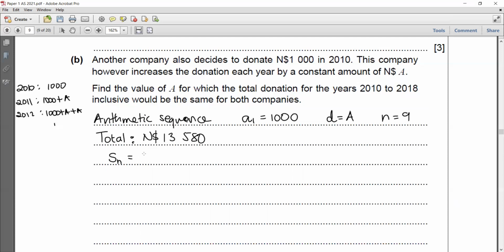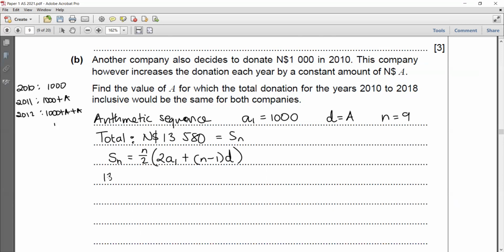This is given by n over 2 multiplied by 2 times our first term plus n minus 1 multiplied by the common difference. So we're going to substitute everything. So this 13,580, this is our sum of the first n terms.